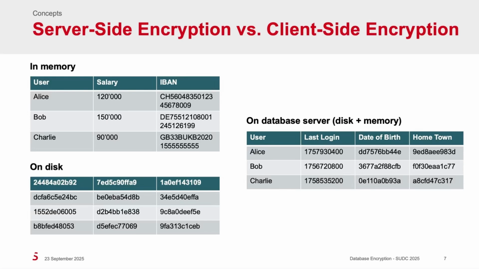In this example, the application decided that the Unix timestamp and the username are not that relevant and can be sent to the server unencrypted. There you have more flexibility. For example, in Microsoft SQL Server, you can explicitly choose the columns that you want to encrypt before sending them to the server. And you could also combine the two, so you could still throw server-side encryption at it as well.